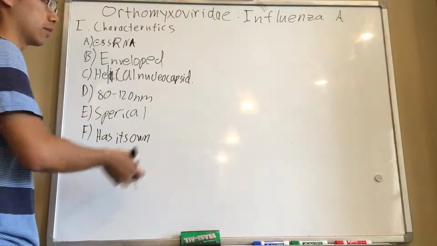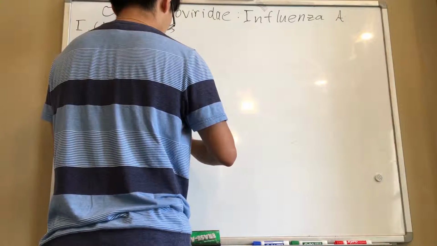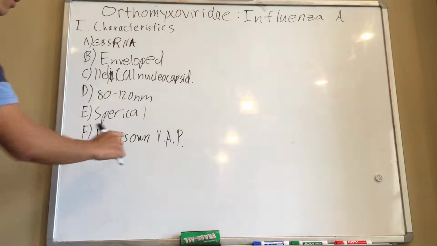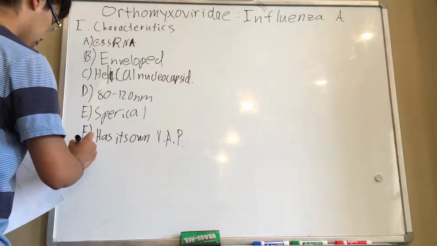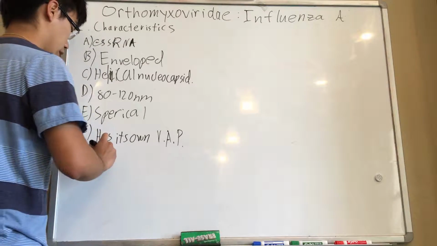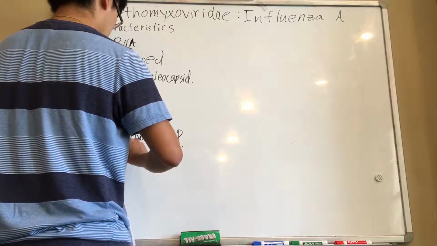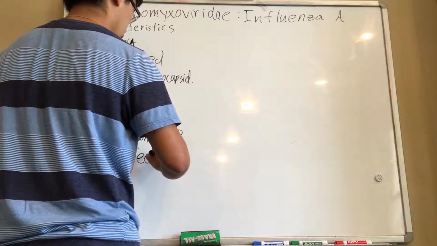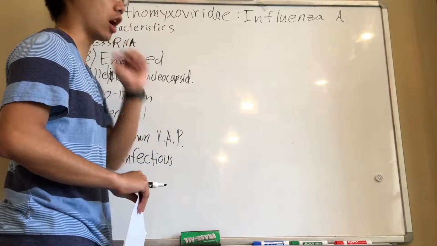If you don't get this concept, just post it in the comments. I'm going to abbreviate it, just like Dr. Samuel: virion-associated polymerase. Because its genome is negative single-stranded RNA, its genome is not infectious.